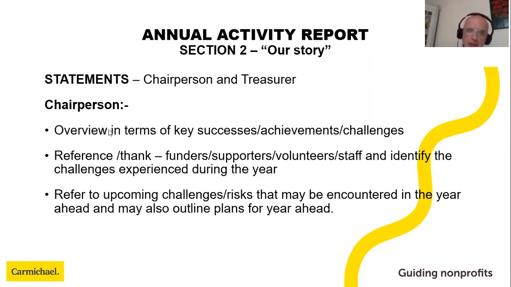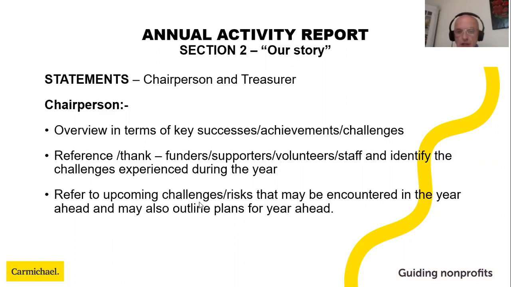So the chairperson would address the audience and give the key successes, the achievements, and the challenges. He would hopefully thank the funders, the supporters, the volunteers, the staff, and identify the challenges experienced during the year. And very often, the manager or the CEO or the senior member of staff actually might write the chairperson's intro or delivery. Refer to upcoming challenges. What are the challenges for the future? The risks that may be encountered in the year ahead, and may also outline plans for the year ahead.